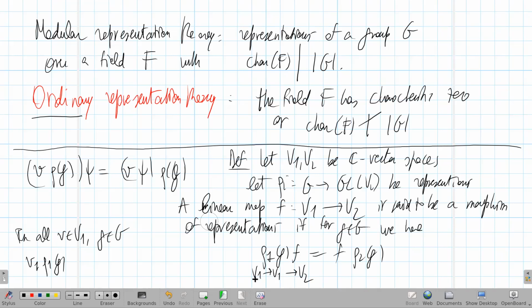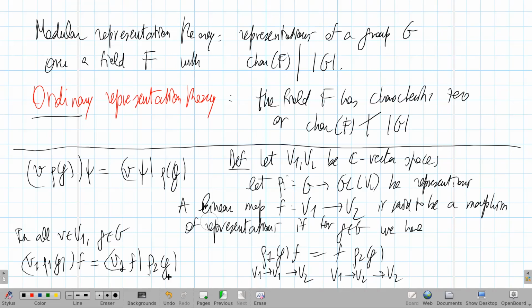So this composition is a map from V1 to V2, and rho 2 of g is an element in GL(V2), so this goes from V2 to V2. So the point is that if you apply f to this, you get this.